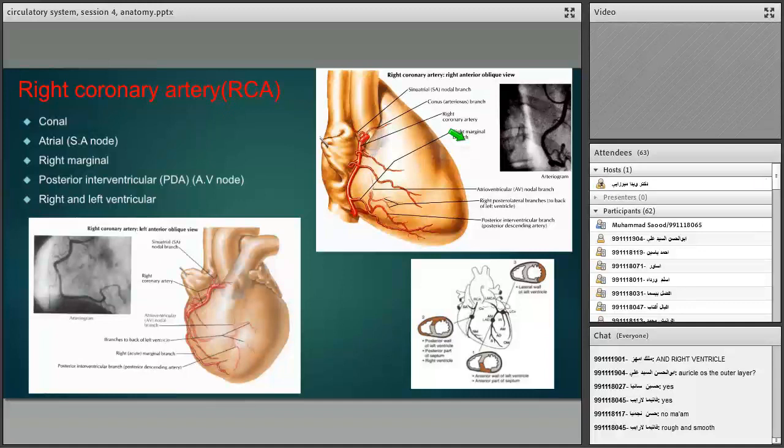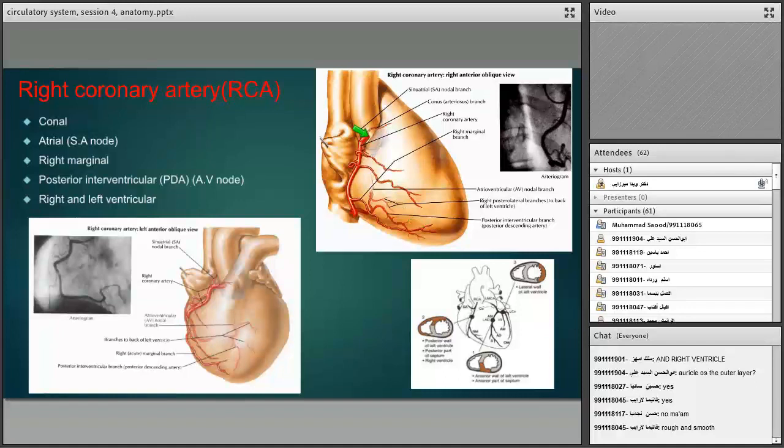This branch is one of the biggest branches of the right coronary artery. Okay, this is called the right marginal branch, which is supporting the right ventricle of the heart, supplying the blood for the right ventricle. Okay, this is the right marginal branch.